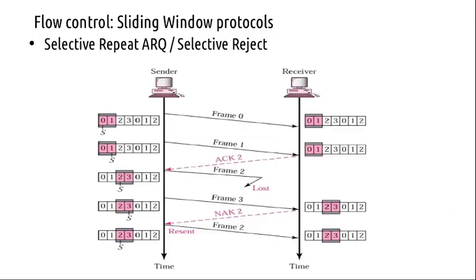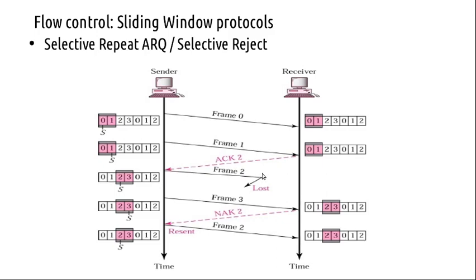To prevent this, you have an alternative which is called selective repeat. Only the frame that is lost is repeated. And in this case, you will have the concept of NAK, negative acknowledgement. So as usual, frames 0 and 1 are transmitted. They are received correctly, and acknowledgement 2 is sent.